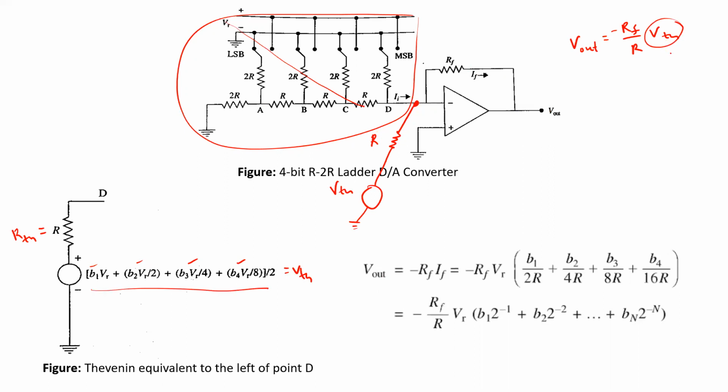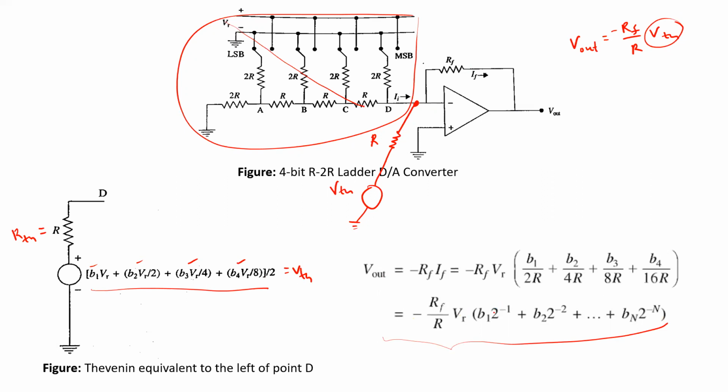So you can replace the value of VTH, and finally, for this particular type of circuit, you'll end up with an expression of output voltage that is similar to the expression of the output voltage which was obtained for the weighted resistor DAC.